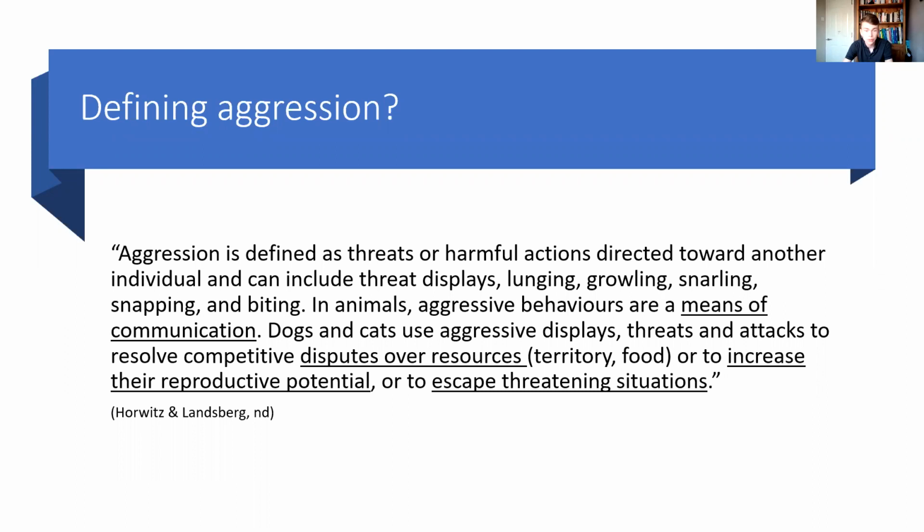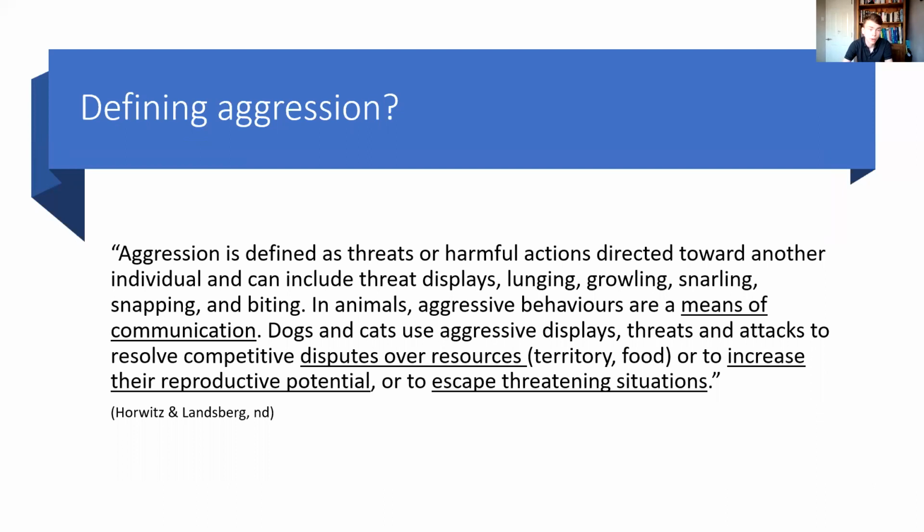Dogs and cats use aggressive displays, threats and attacks to resolve competitive disputes over resources. Resources can mean territory, food, shelter, or potentially a toy or some sort of object.